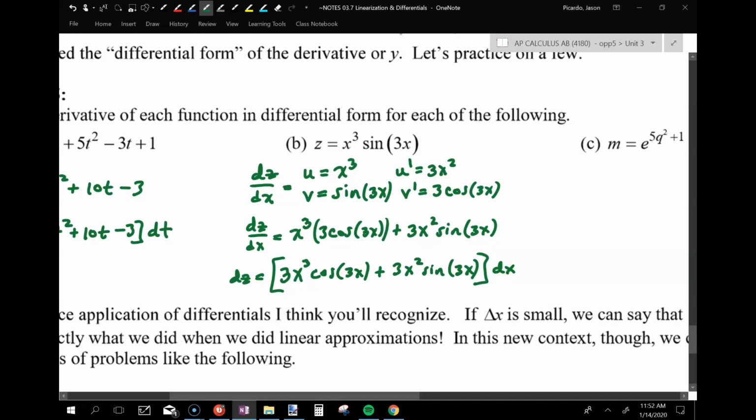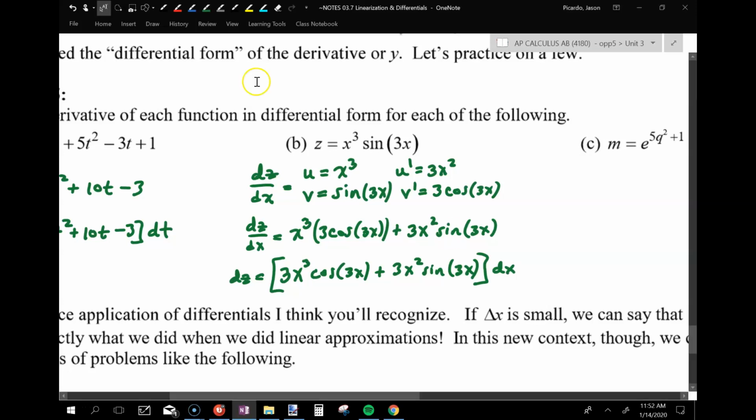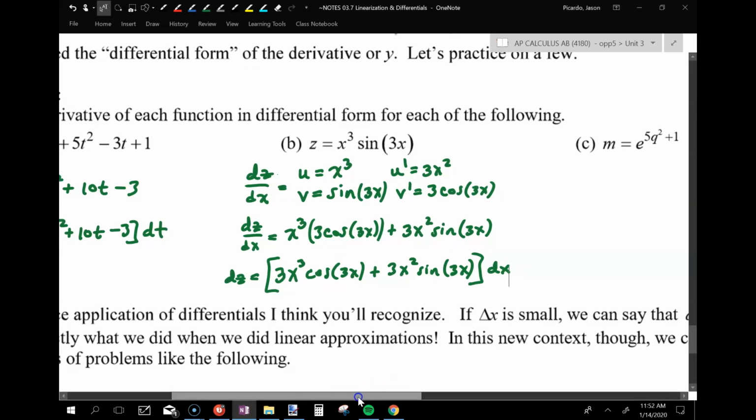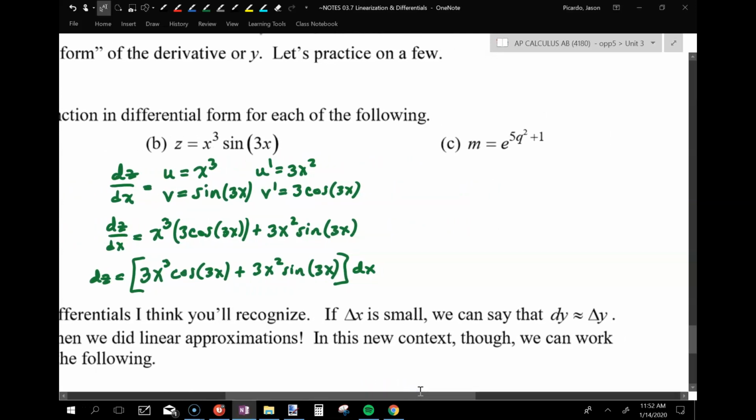Fair to say? Any reason why I couldn't? Seems legit. Awesome. And what would I call this derivative? dm over dq.